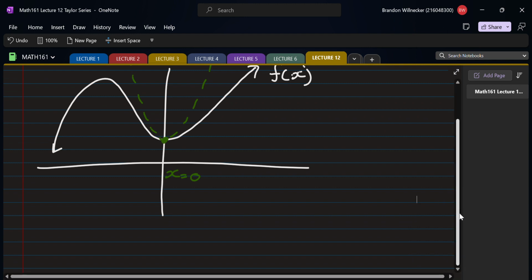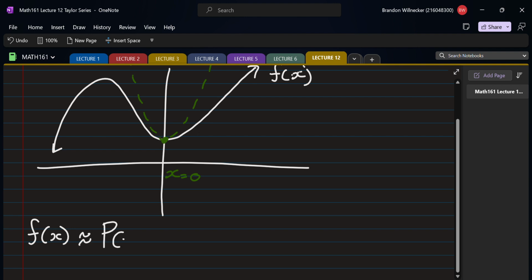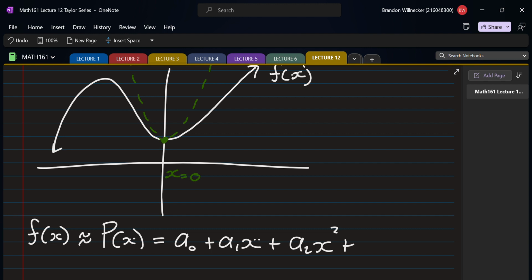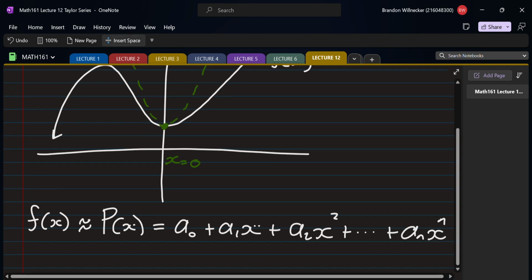Okay, so what we want is to have our function f of x approximately equal to some polynomial, which we can write as a0 plus a1x plus a2x squared plus dot dot dot plus an x to the n. So we would like the function to be approximately equal to this finite polynomial.